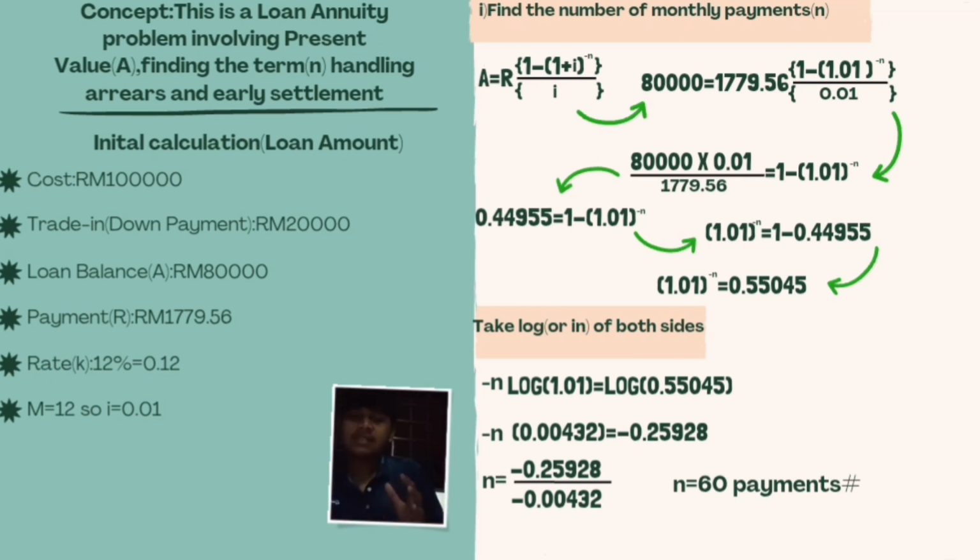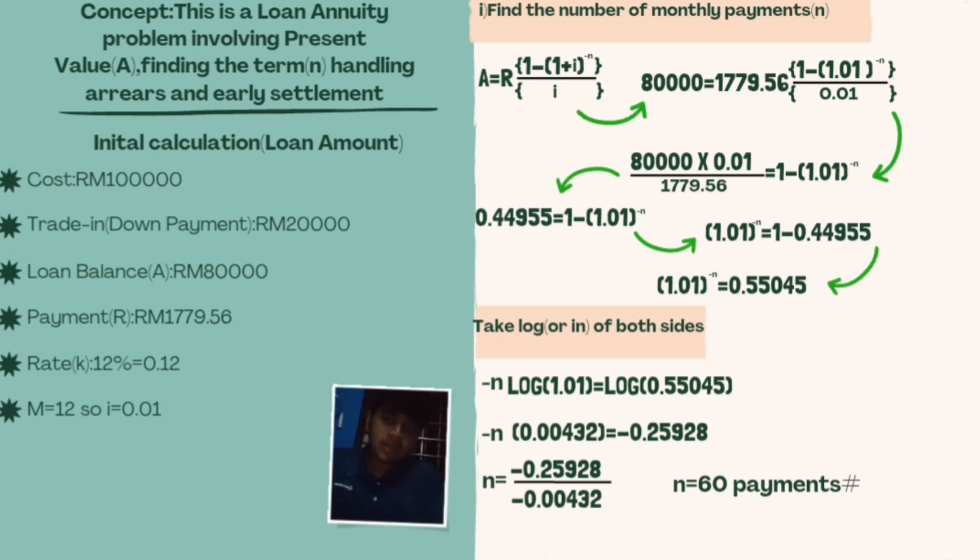We switch the places, and the answer will be 1.01 to the power negative N equals 0.55045. Next, we need to use log on both sides. So the answer will be negative N times log 1.01 equals log 0.55045. Putting that in the calculator, we get negative N times 0.00432 equals negative 0.25928.